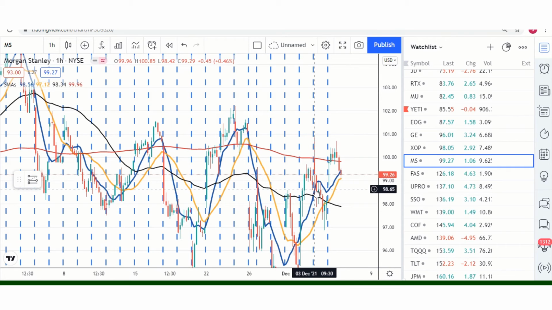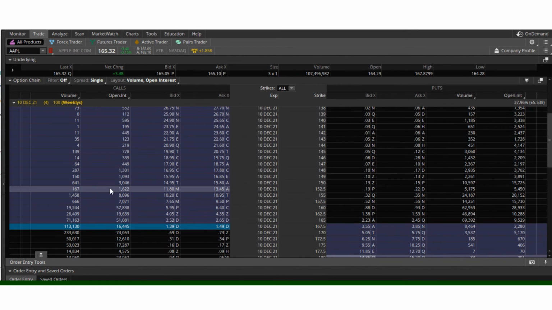Okay, so every stock option has an expiration date. The closer the expiration date, the less time there is before the option expires, and the less value an option will have. So let's go back to the options chain. So these are weeklies.